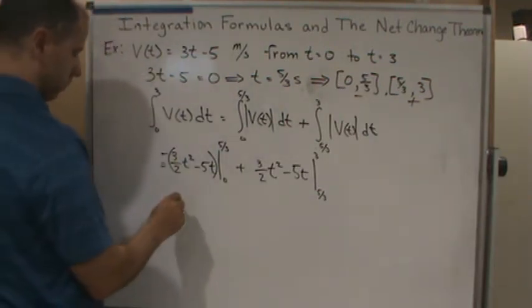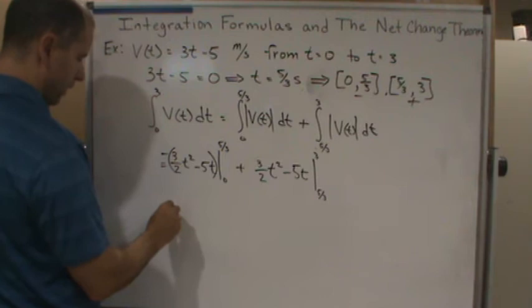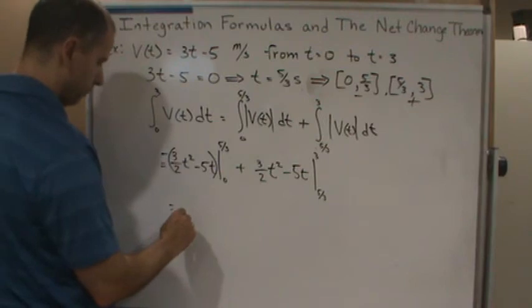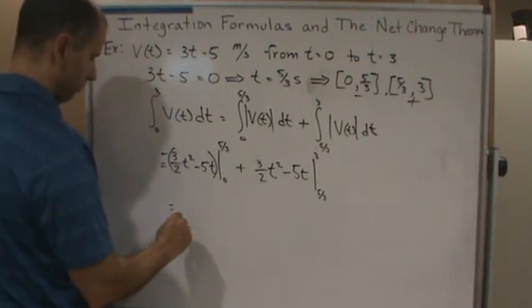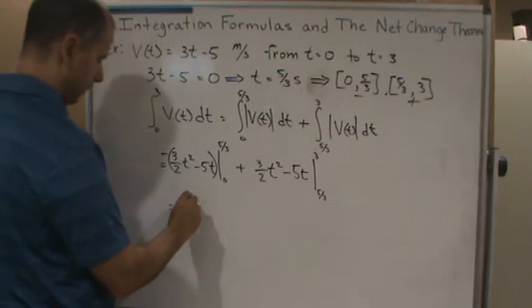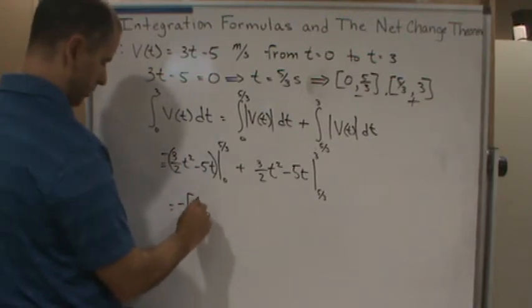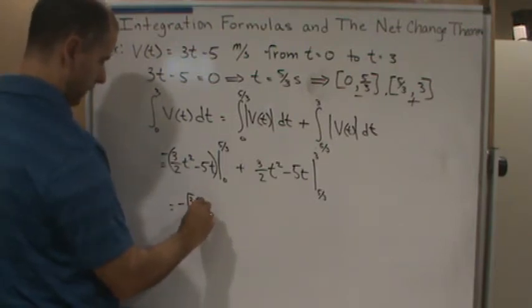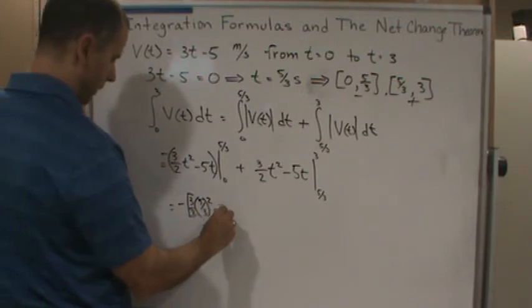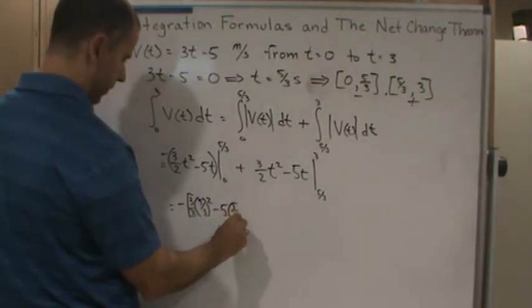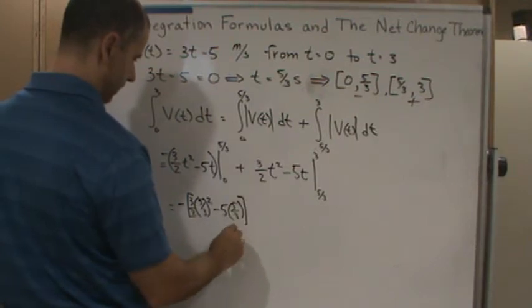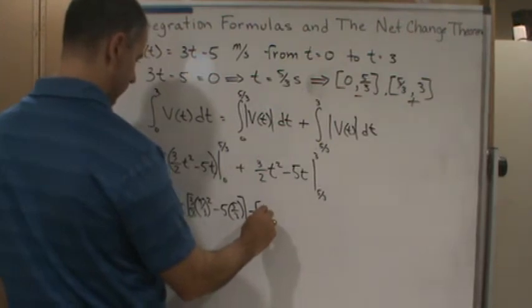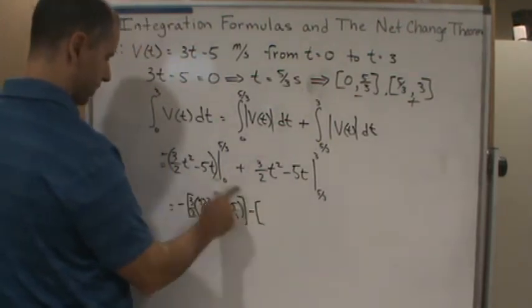Okay, so now let's evaluate. So this is going to be negative 3/2 times 5/3 squared minus 5 times 5/3 minus 0, because it's just going to be 0.